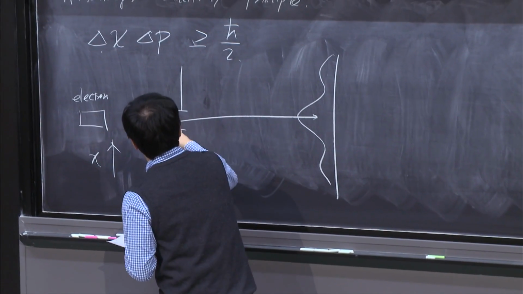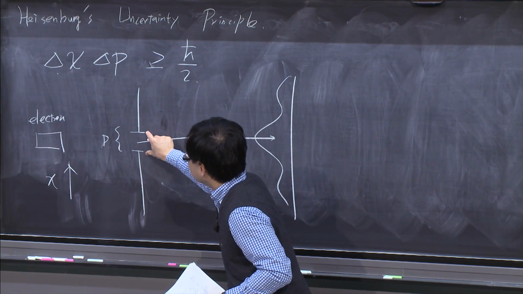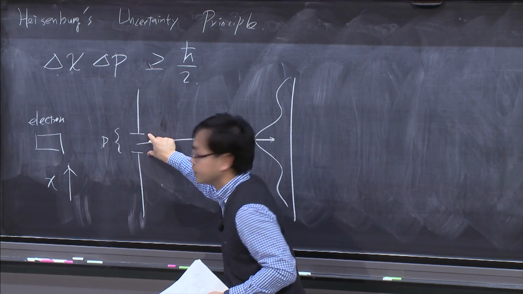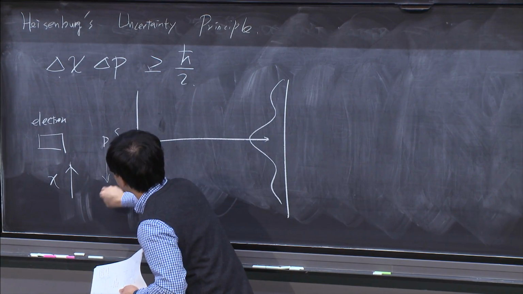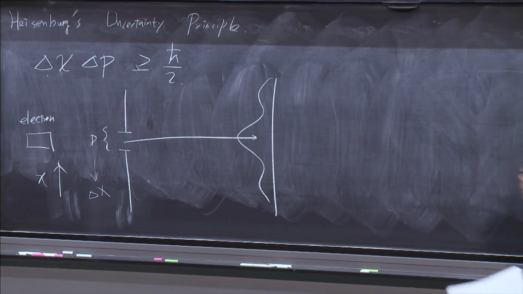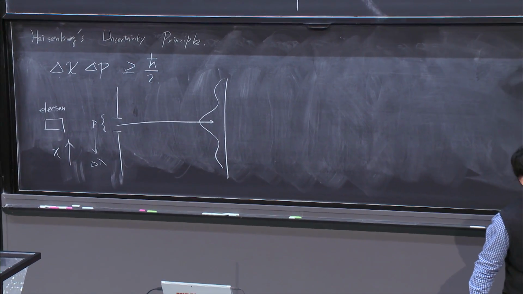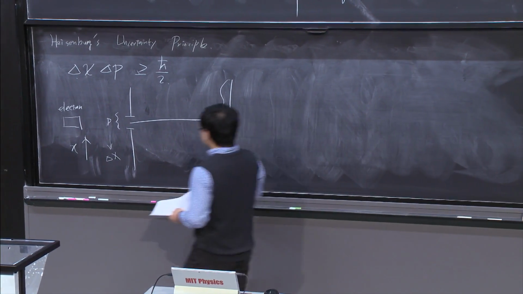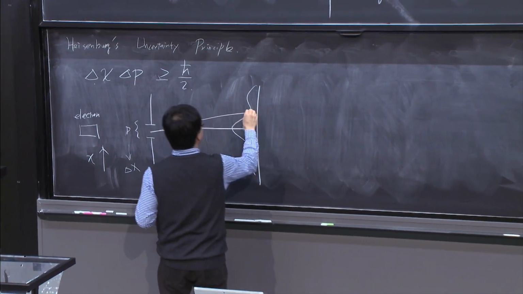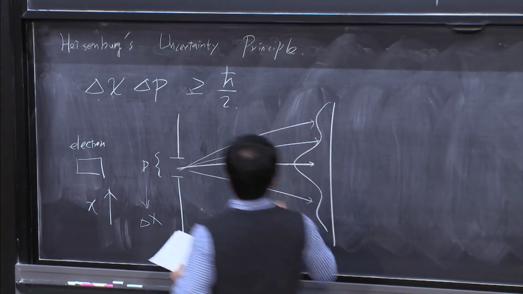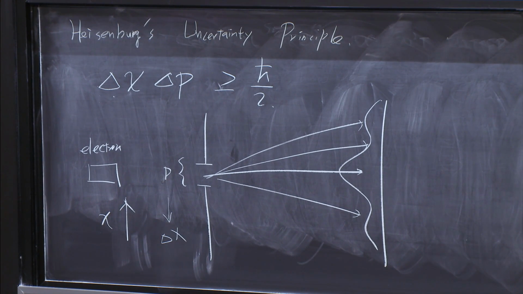We know the position of the electron to an accuracy of the width of this slit, which is D. That tells you about the uncertainty of the position in the x direction.